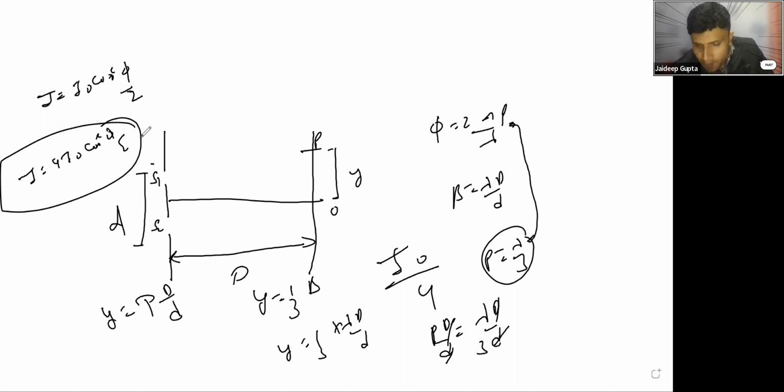A parallel beam of light of wavelength 500 nanometer falls on a slit and the resulting diffraction pattern is observed on a screen 1 meter away.